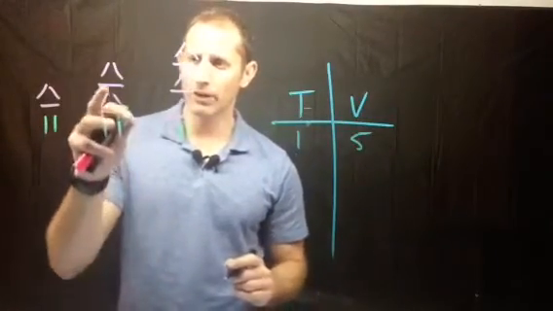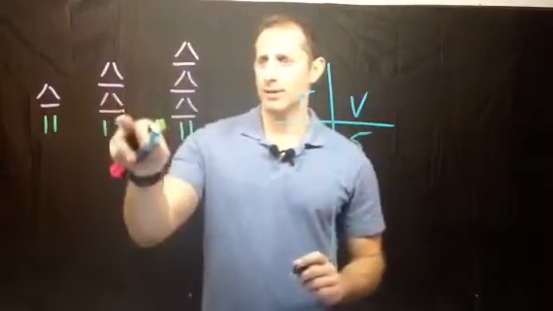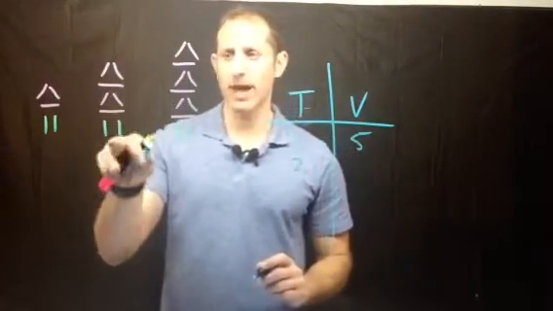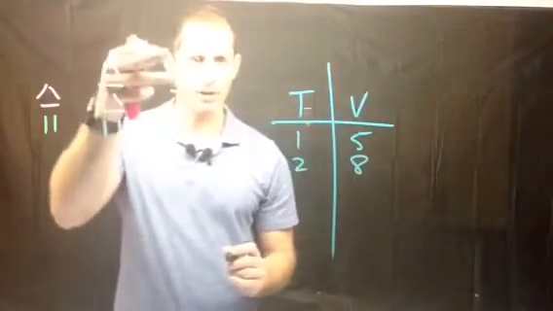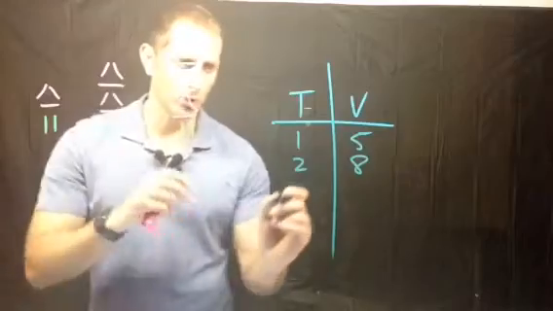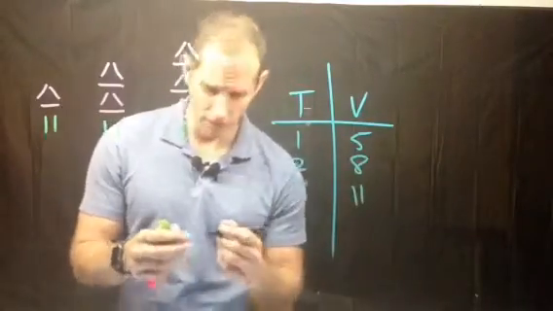In the second picture, I've got 6 pinks and 2 greens, which is 8. And in the next one, I've got 9 pinks and 2 greens, which gives me 11. All right, perfect.